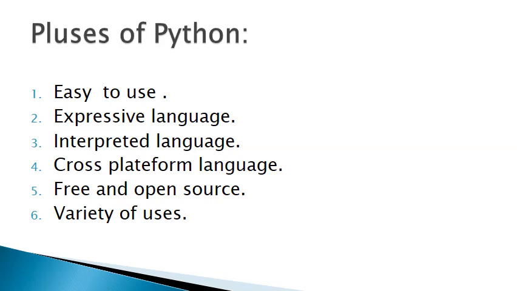It is open source, means its source code, the code in which it has been designed, is open, so anybody having knowledge of designing code can access the source code of Python, and if he has knowledge, then he can make modifications in the source code.